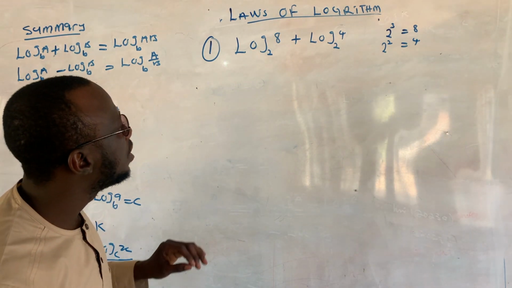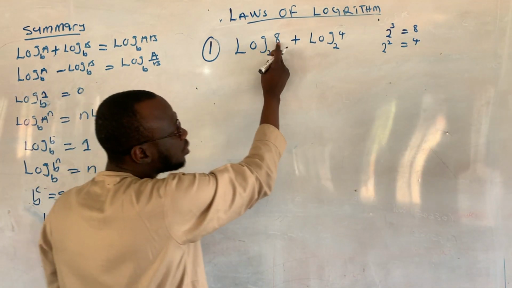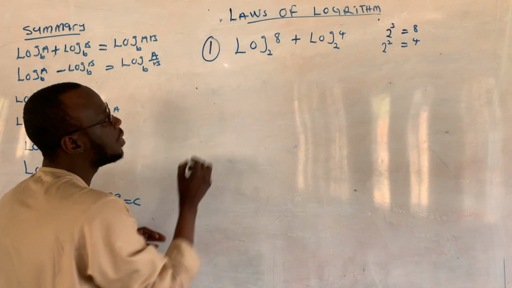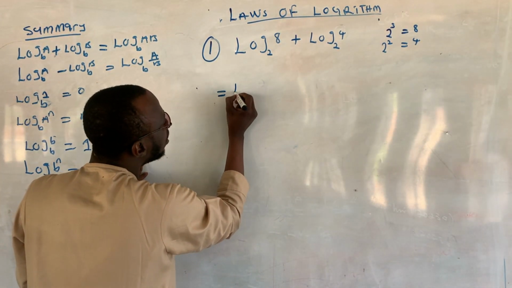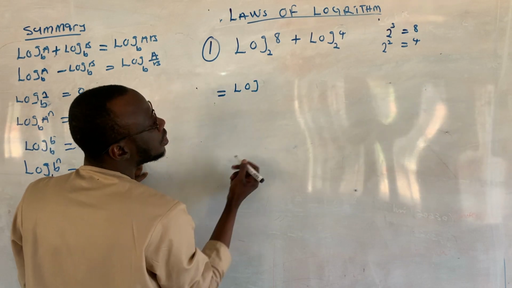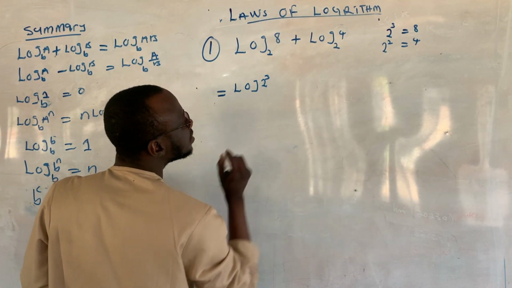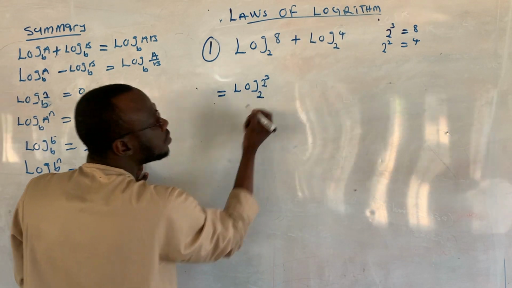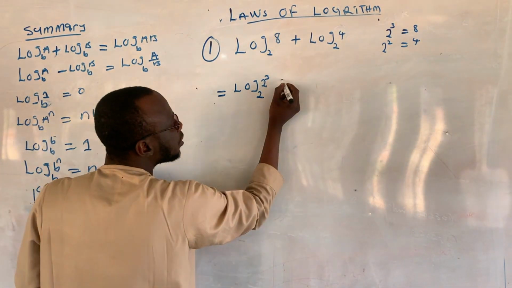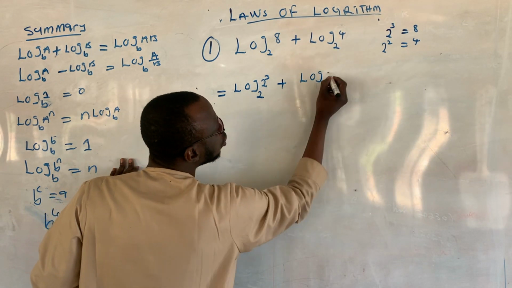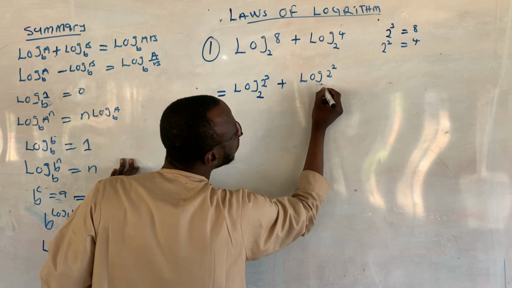Meaning that we can substitute 8 with 2 to the power of 3 and 4 with 2 to the power of 2. Here we have log 2 to the power of 3 base 2, plus log 2 to the power of 2 base 2.